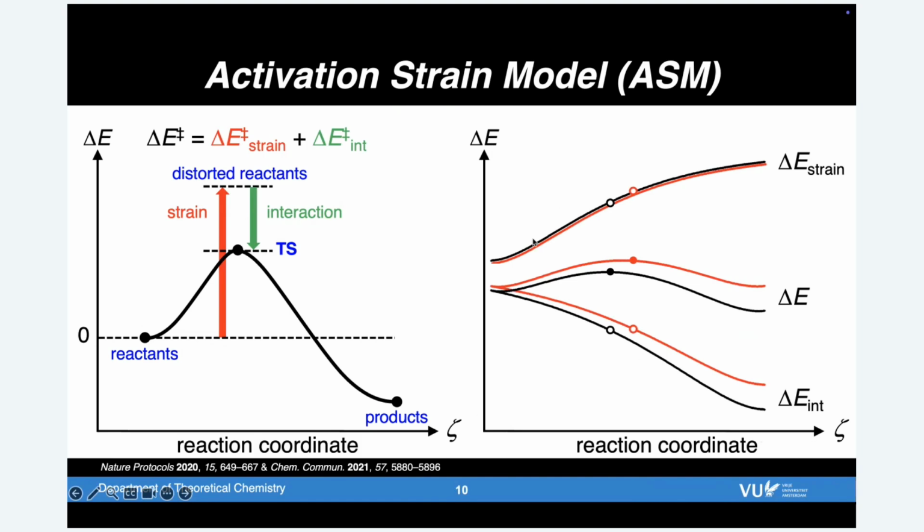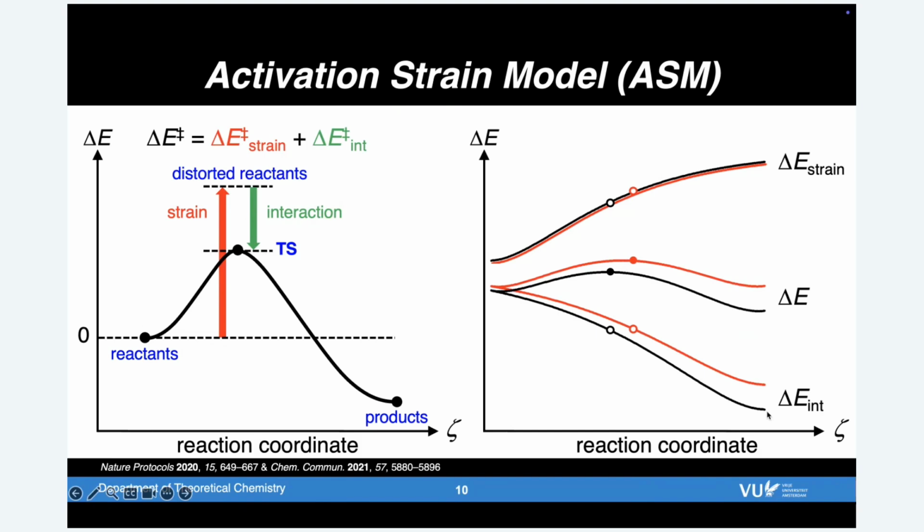And in this example, you see that the strain curves, the black and red curves, are pretty much superimposed. So one can argue that the black reaction is faster, not because of differences in the strain energy, because these curves are on top of each other, but instead the black reaction is faster because it benefits from a more stabilizing interaction energy along the entire reaction coordinate.